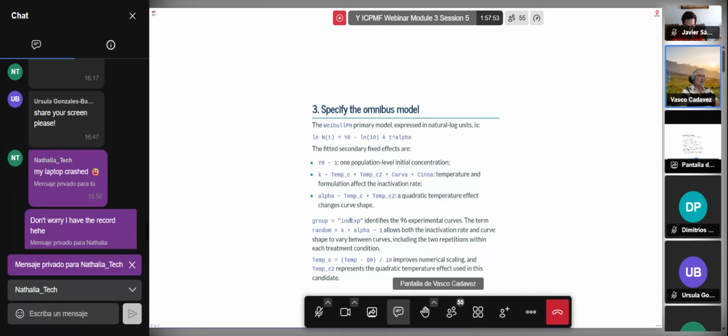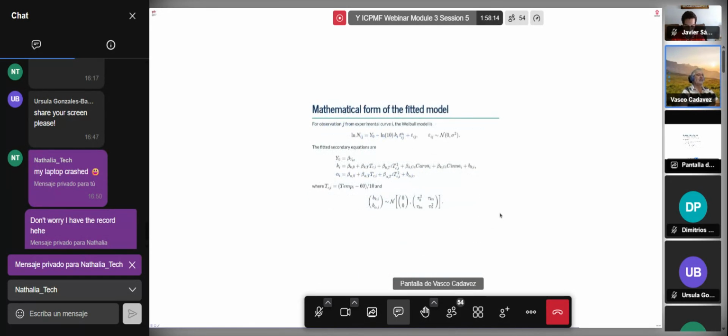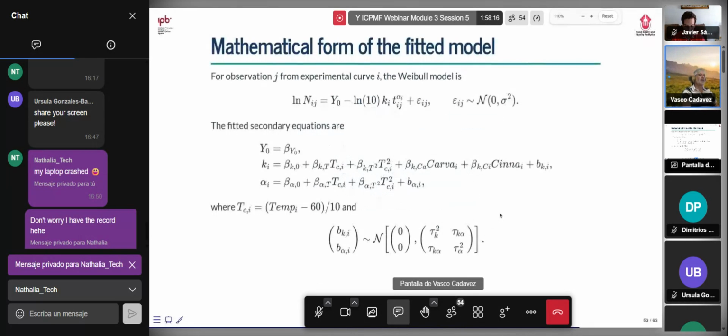So I define the group as the individual experiment. Okay, and we also put some random effects on the K and alpha, just as intercept. And of course, this transformation is to improve the numerical scaling. Okay, so this will help us to have better convergence results when we are fitting the model.